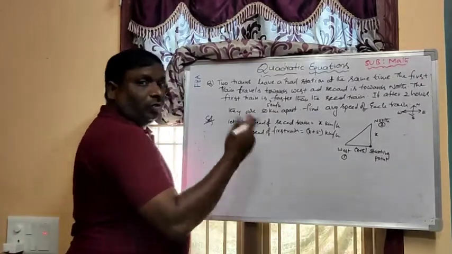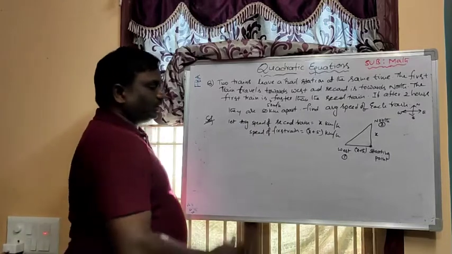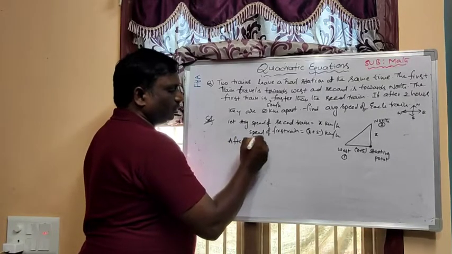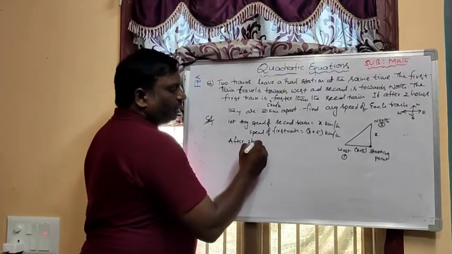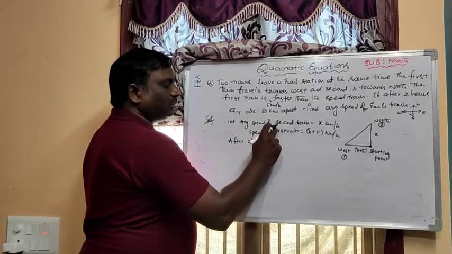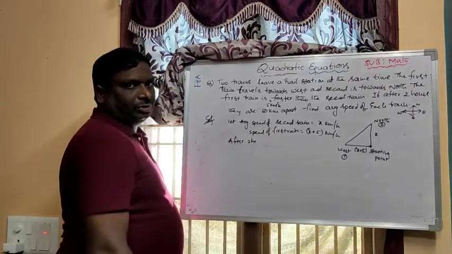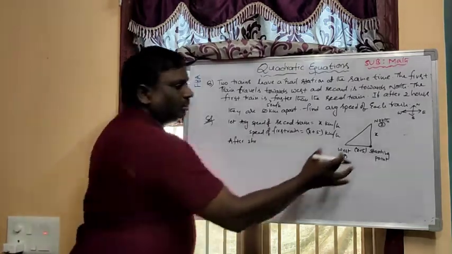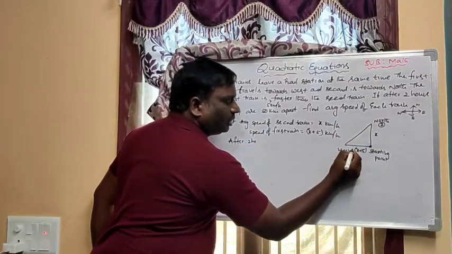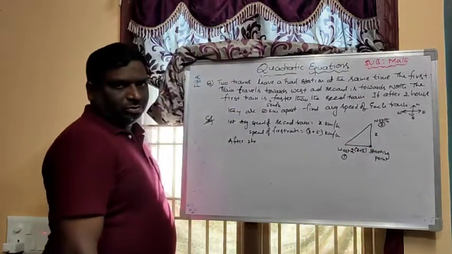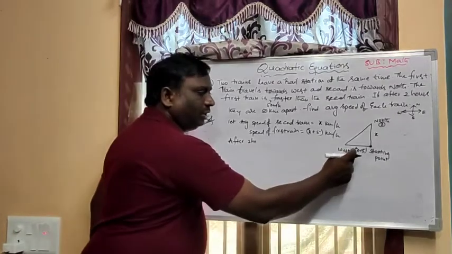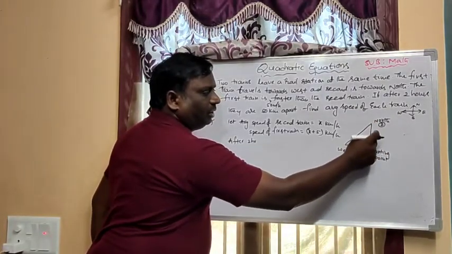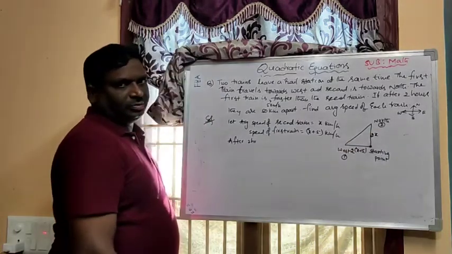Then after 2 hours, that is the time they give. So distance equals what? Speed into time. From here to here, after 2 hours, it is 2 into the speed. Then here also after 2 hours, 2 into the speed, that is the distance.